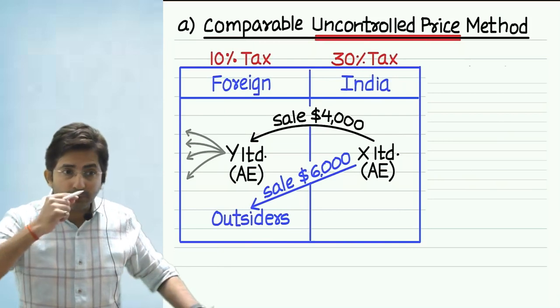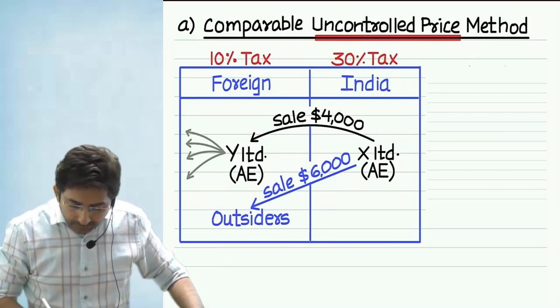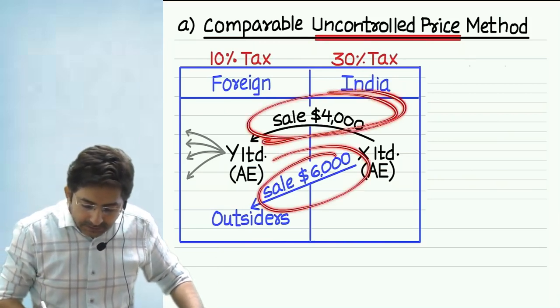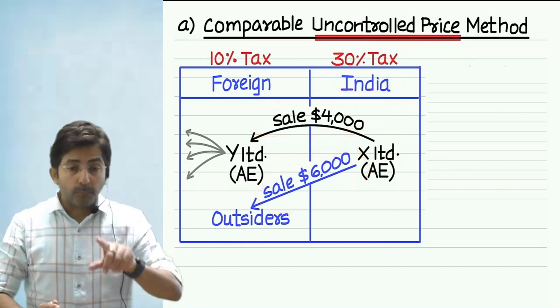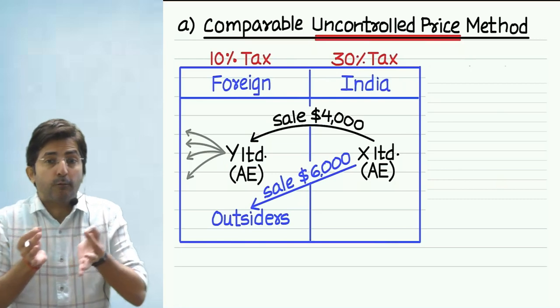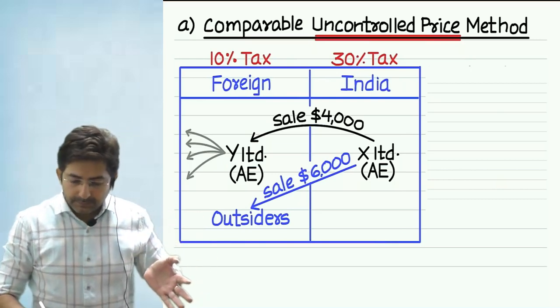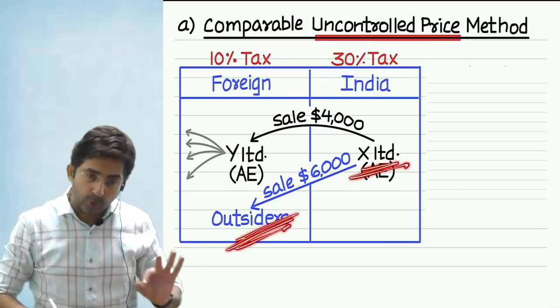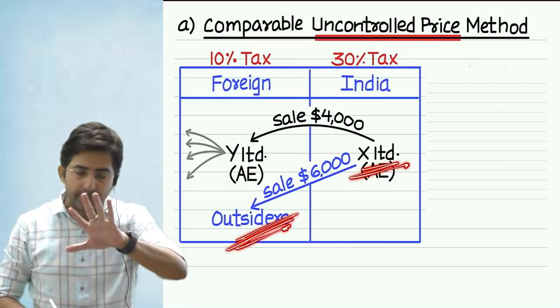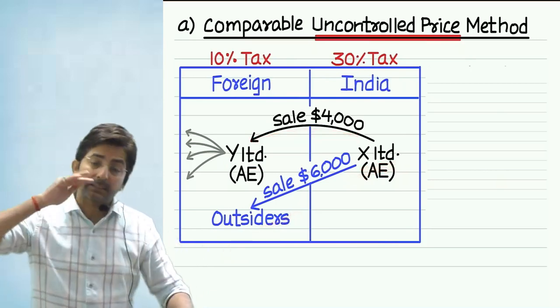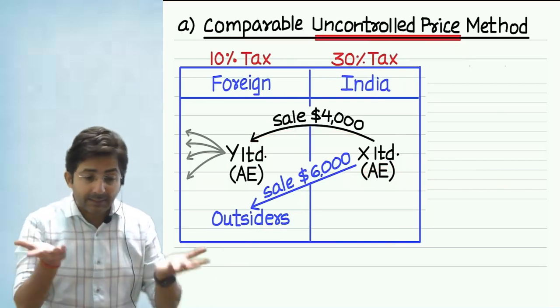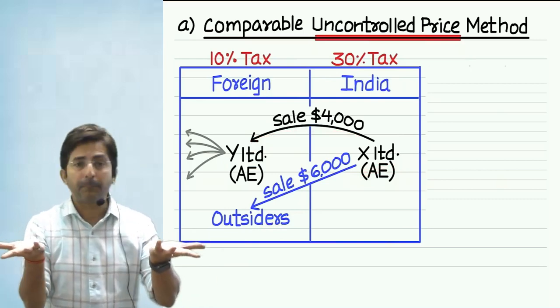Because of this discount point, these two transactions are not comparable. Although both might be sale of laptop, X Limited has sold laptop to an outsider and the same laptop is sold to Y Limited, although the transaction is of the same product, still the transactions are not comparable.